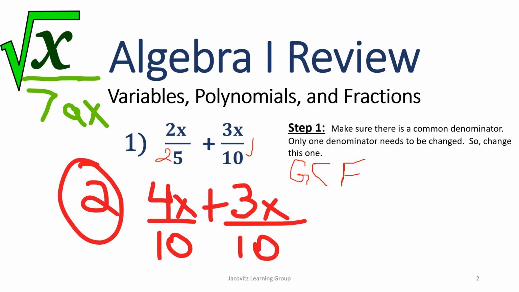So anyway, since it's 10, let's go ahead and make it 10. 2 times 5 is 10. So 2 times 2 is 4. So that's 4x, because it's 2 times this whole problem, the constant and the variable.